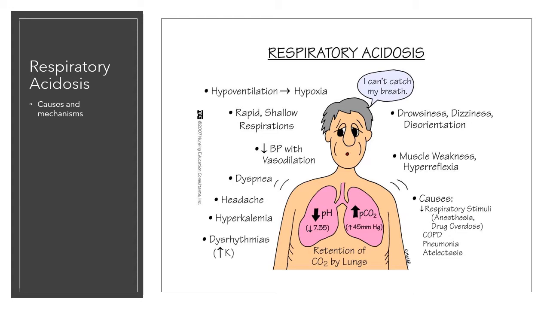Some of the causes are anesthesia, drug overdose, COPD, pneumonia, and atelectasis. Other things that can happen with hypoxia: rapid shallow respirations, a decrease in blood pressure, shortness of breath, drowsiness, dizziness, and disorientation as the brain gets less and less oxygen.